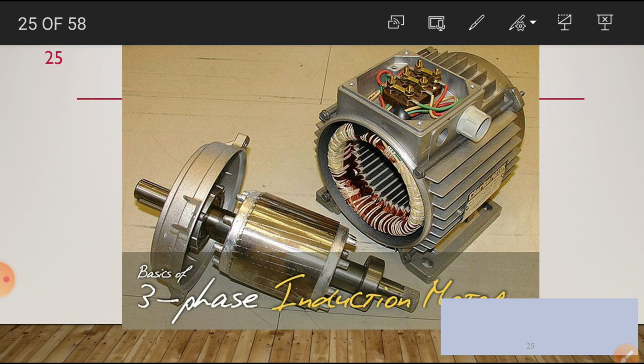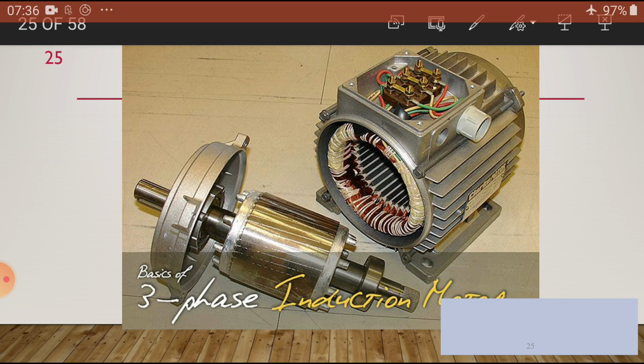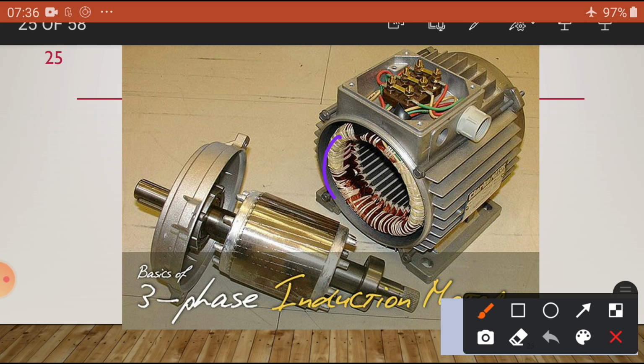Similar to transformers, an induction motor also has a stator winding and a rotor winding. The stator winding, at the time of manufacture itself, is inserted as a 3-phase distributed winding. You can observe this winding in this case.